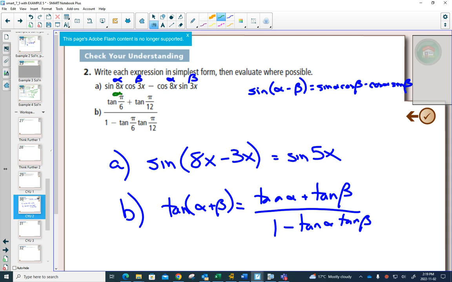And does this match up alpha, beta? Yes. So we would just switch this and it would become tan of pi over 6 minus pi over 12. And simplifying that from there is easy, so that's where all these statistics end. Questions for practice are 4 and 5.